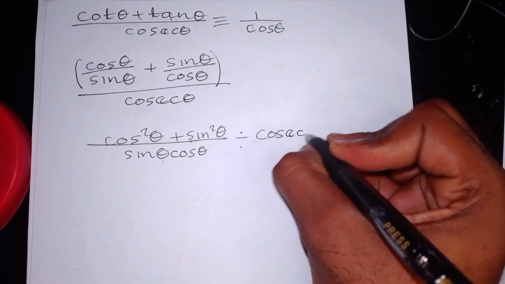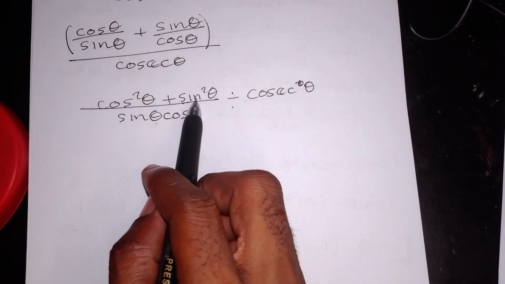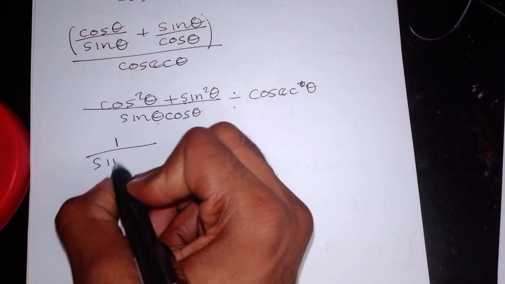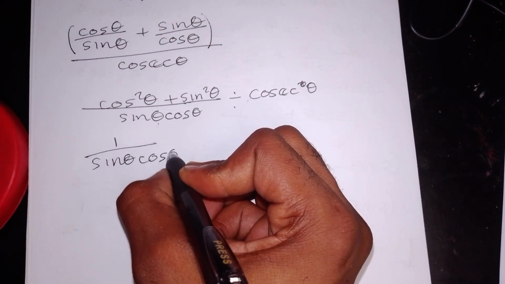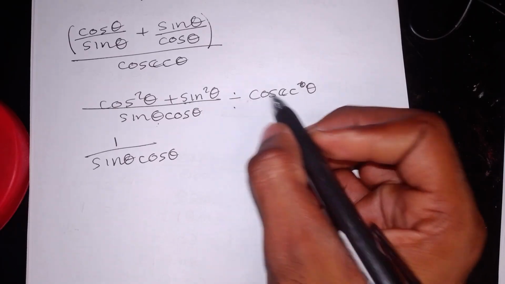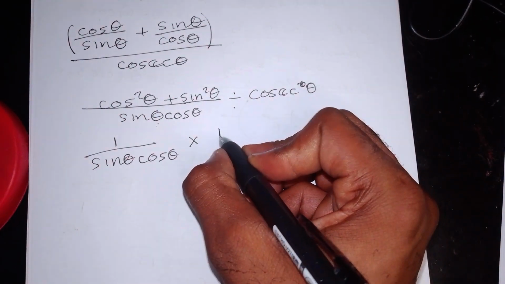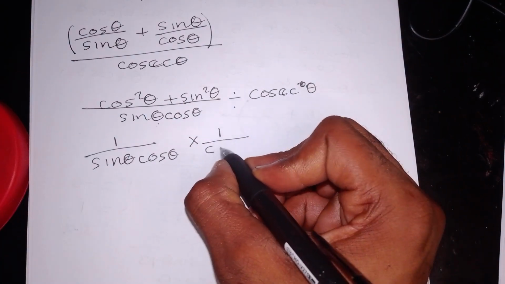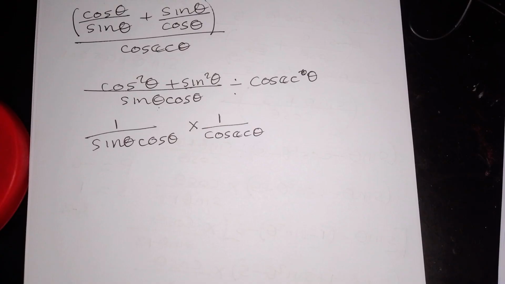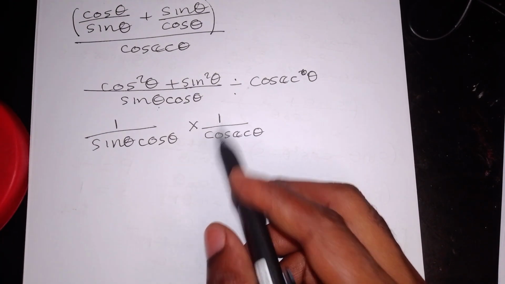which we can just write as cosec theta, like this. So this plus this will be 1 over sine theta cos theta. And then when you're dividing, you can just change this to multiplication and say 1 over cosec theta. But of course, we know what cosec theta is. This is simply 1 over sine.